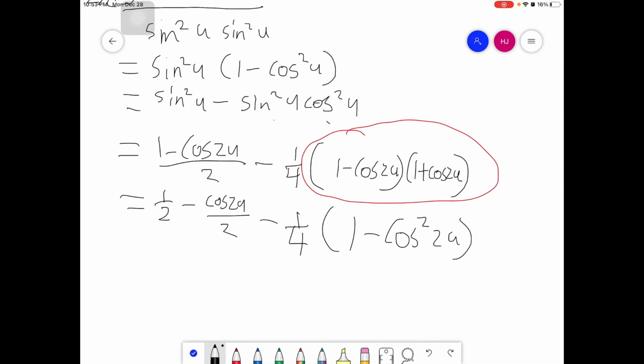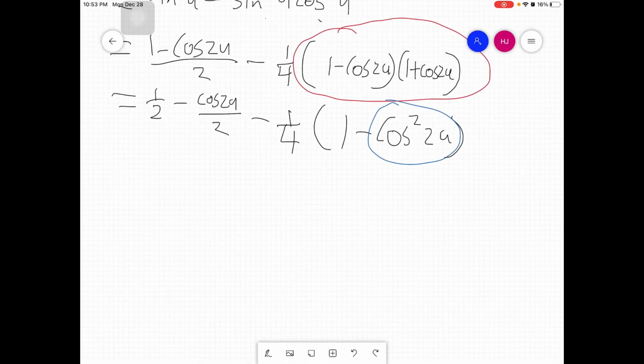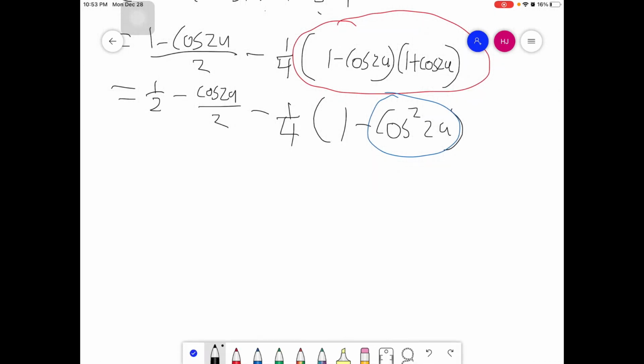So again, we can use the half angle formula for this thing right here. So this would be 1/2 minus cosine 2u over 2 minus 1/4 times 1 minus, so I'm just going to break the parentheses too.